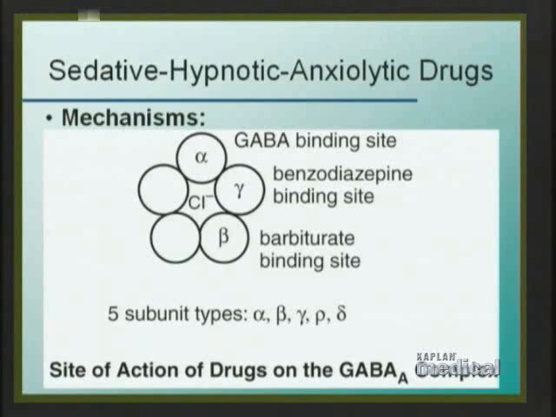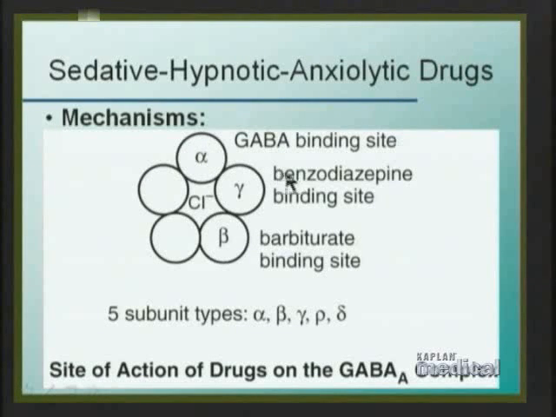Benzodiazepines, barbiturates, and alcohol interfere with the GABA A molecule. Let's look back at that same diagram. When we look at the 5 subunits indicated in the diagram, the endogenous neurotransmitter GABA binds to the alpha subunit. As a matter of fact, the rule of thumb is that the alpha subunit of a ligand-gated channel is generally the unit that binds to the endogenous neurotransmitter.